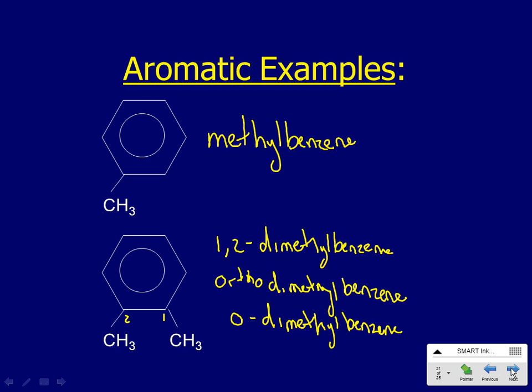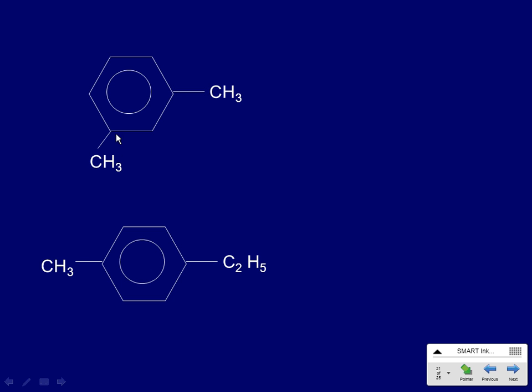Okay, let's take a look at the next situation. Here they're separated by 1. We could number these again, 1, 2, 3, and there would be nothing wrong with using a numbering system, 1, 3, dimethylbenzene. The prefix they use to represent the one that isn't opposite or together, but in between or in the middle, is meta.